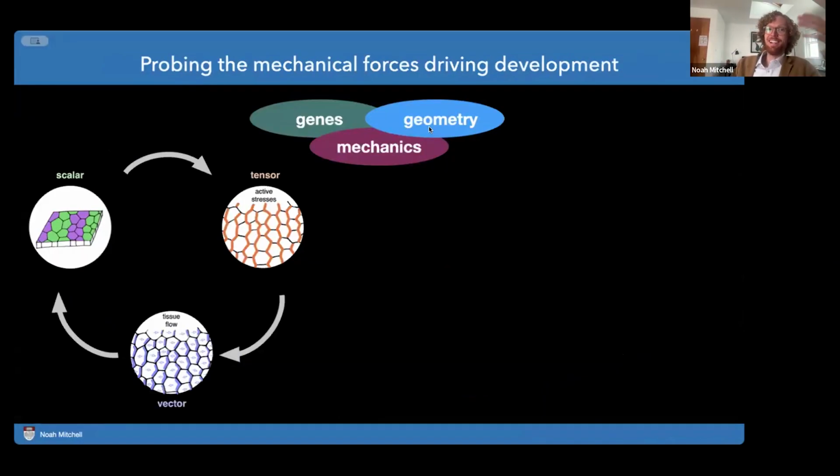I'm really interested in translating that type of effort of taking 3D fluorescence data sets and converting them into physical fields and relating these observables to one another in order to build a physical understanding. I'm excited to carry that sort of lens forward into fully three-dimensional shape transformations like you have in your inner organs, such as in the cardiovascular system and the digestive system, which will be the focus of today.